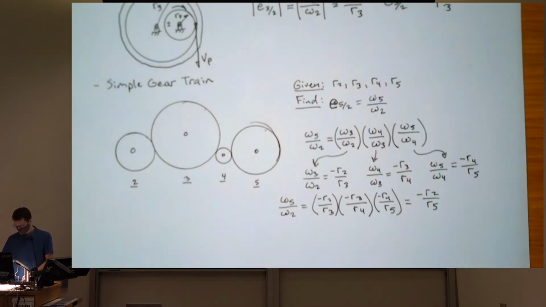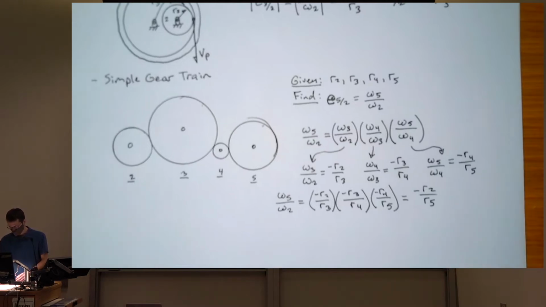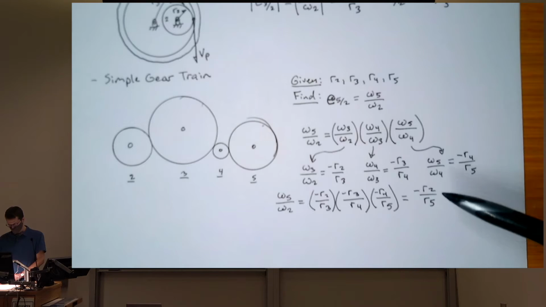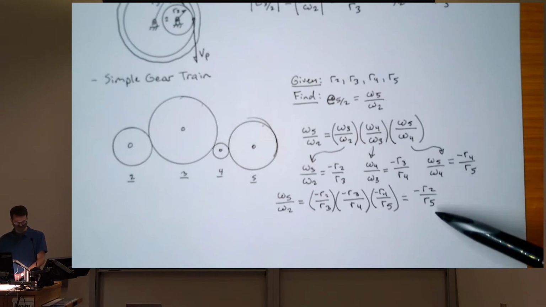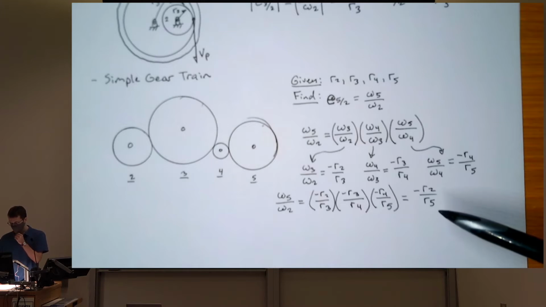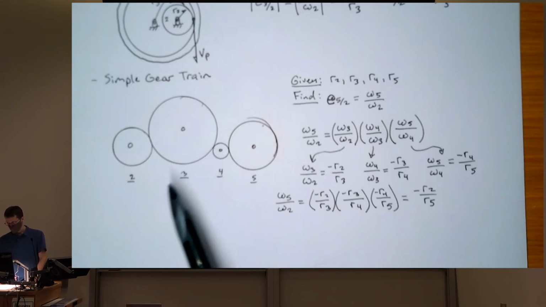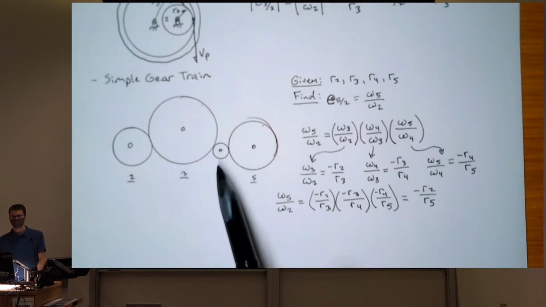Wow, that was quite a bit of work to come up with the solution that it's just equal to negative R2 over R5. Okay, so what we've just revealed here is that these gears here, 3 and 4, have no effect on the speed ratio.